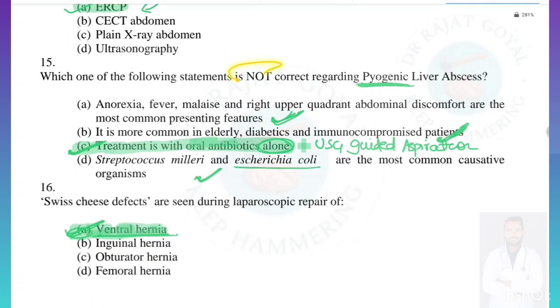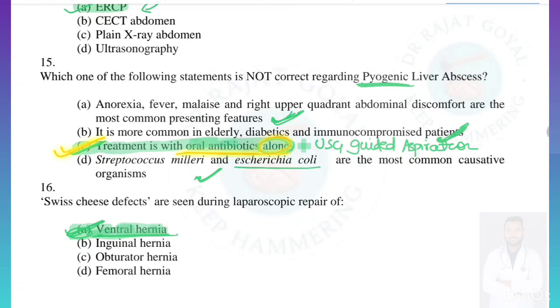Which of the following is not correct regarding the pyogenic liver abscess? Anorexia, fever, malaise, and right upper quadrant abdominal discomfort are the most common presenting features. This is true. It is more common in elderly, diabetic, and immunocompromised. This is also true. Treatment is with the oral antibiotic alone. Not alone.